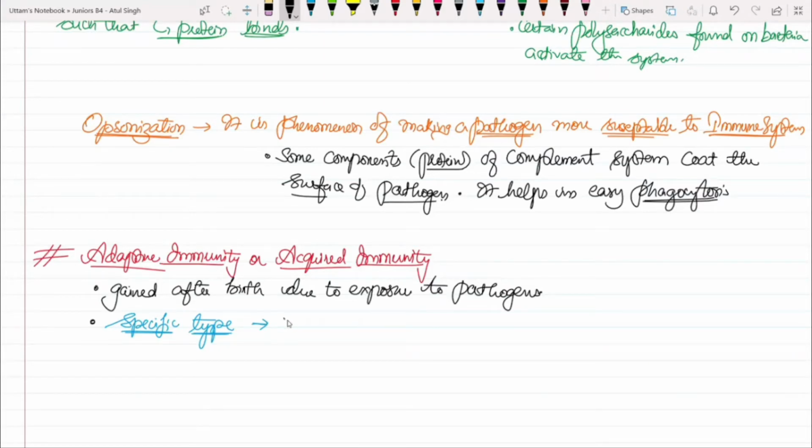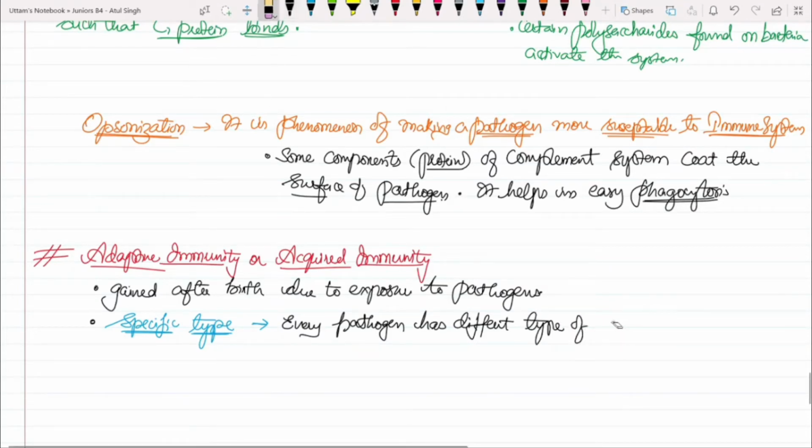Every pathogen will have a different type of response.